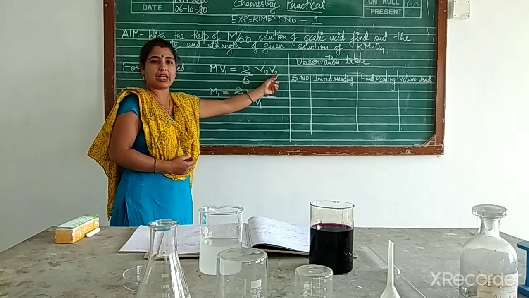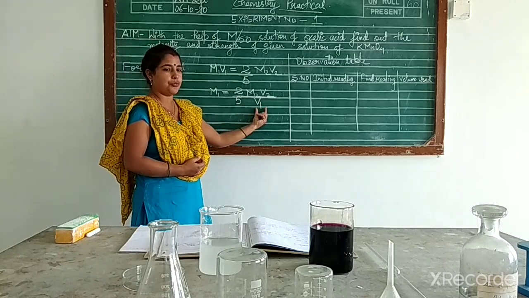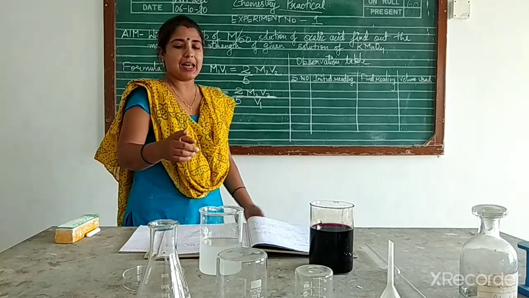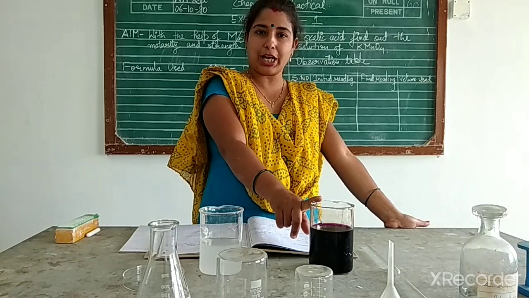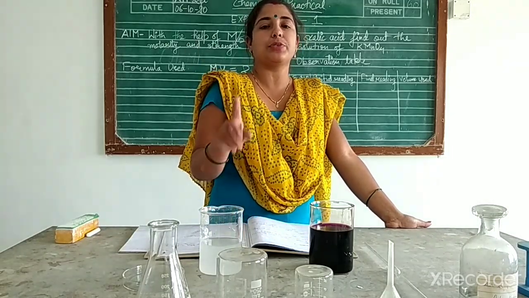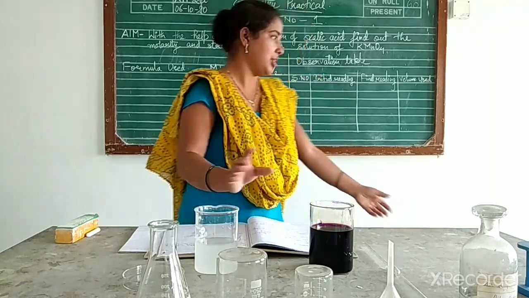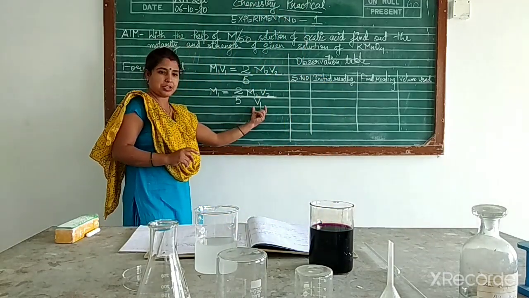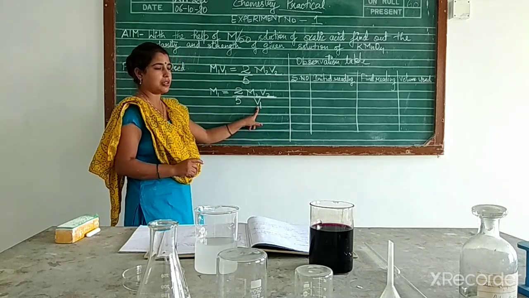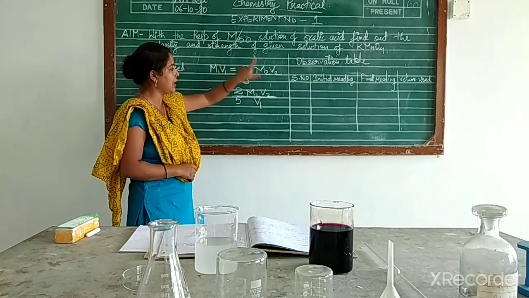The two we will titrate, and after titration we will get the volume of potassium permanganate which reacts with the given volume, that will be 20 ml of oxalic acid. When we get the volume of potassium permanganate, we will put the value here. This value of M1 is already known, that is N/50.